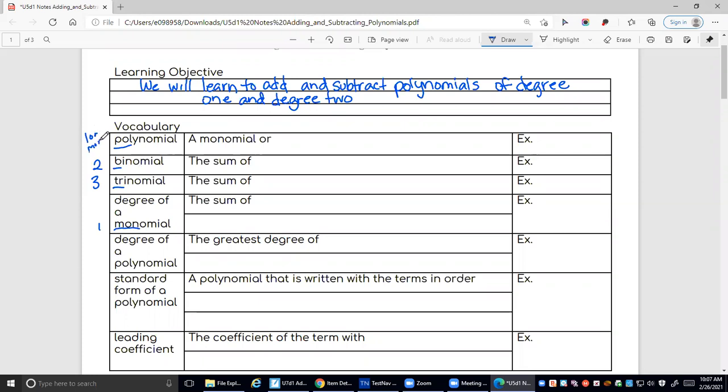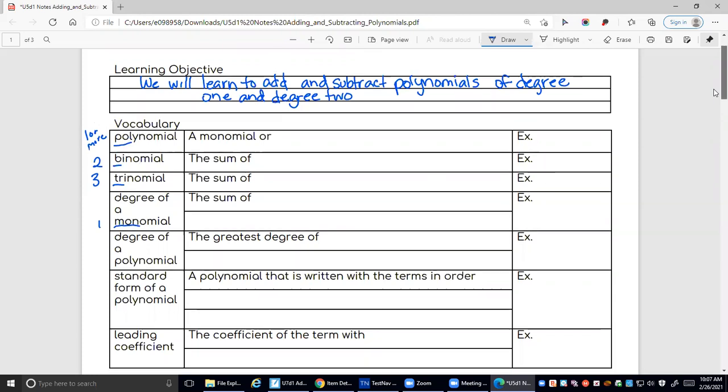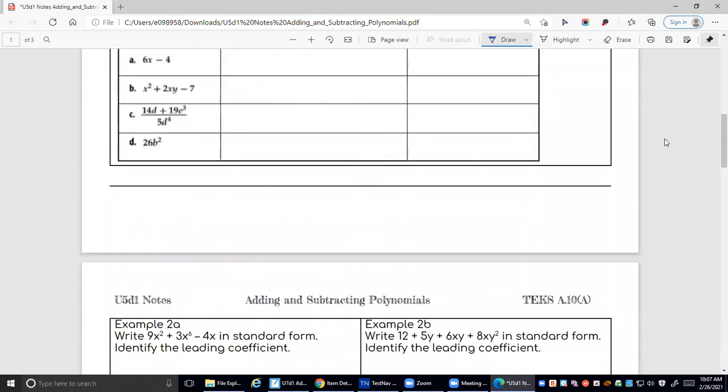Okay, so let me refresh your brain on monomial. I found a little space down here.